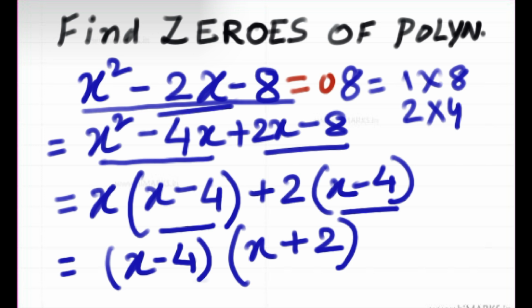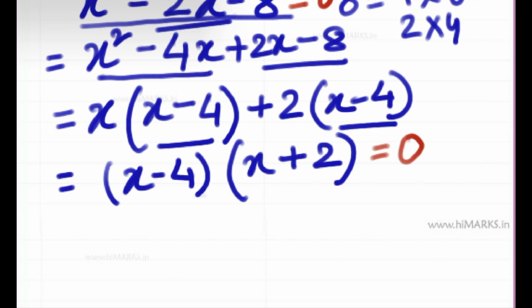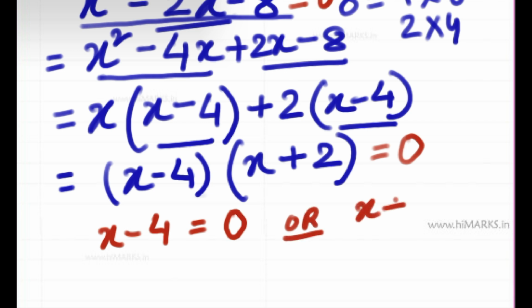After finding these two factors, if the product is 0, that means x minus 4 will be 0, or x plus 2 equal to 0.